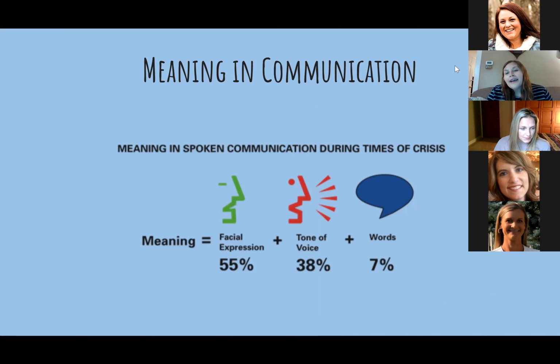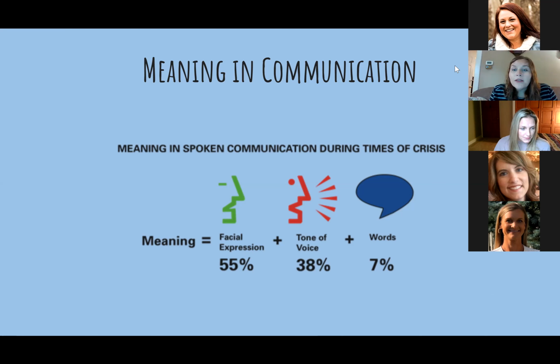So with active listening being about listening to understand our students, it's really important that we understand that communication is more than just the words that are spoken, right? And actually the words really convey the least amount of meaning. We get a lot more meaning from things like facial expressions or other, in a more overarching category, nonverbals, or tone of voice, and that could be in a category that we'd call paraverbals.